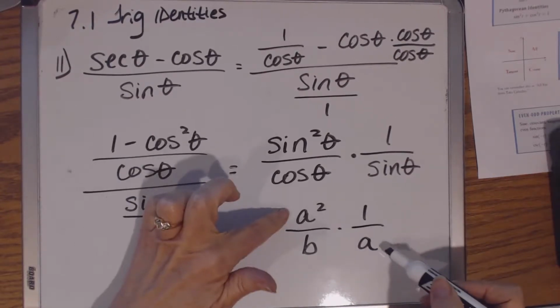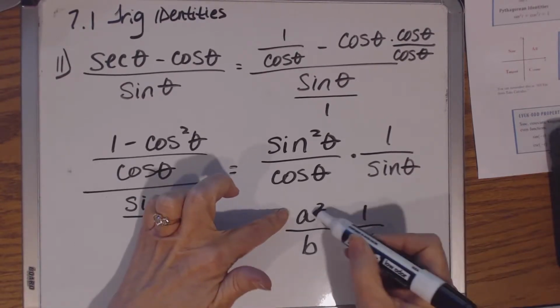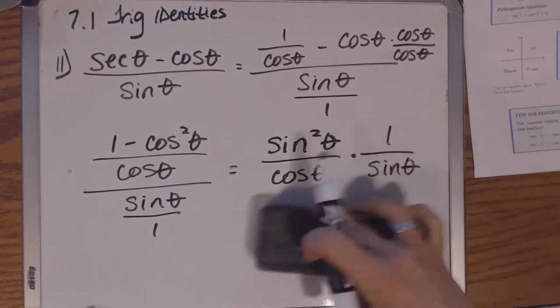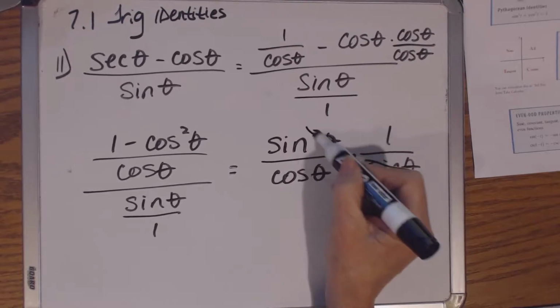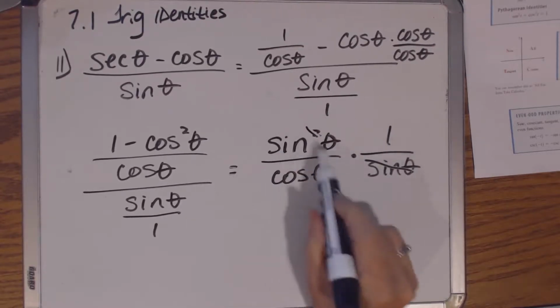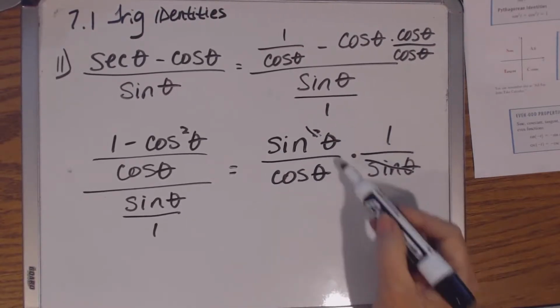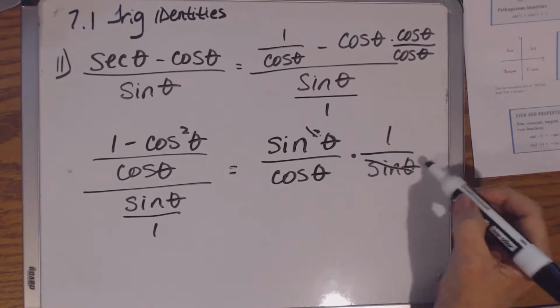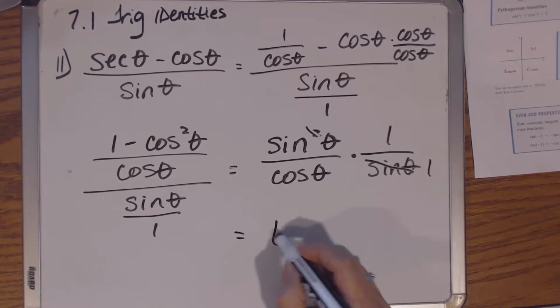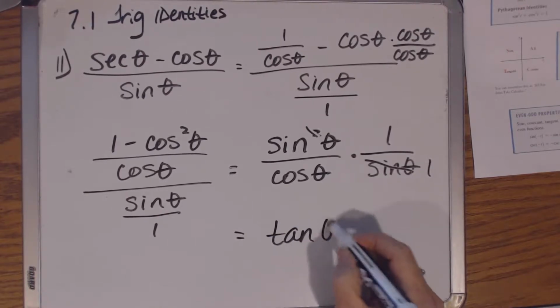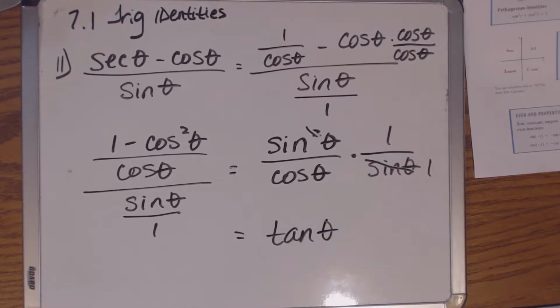I mean, this is just the square of this, so one of these is going to cancel one of these. That's exactly what I'm going to do here with sine. This sine is going to cancel one of these, leaving me with just a first degree sine of theta over cosine of theta times 1 over 1. And of course, that leaves us with the simplest version, tan of theta, okay?